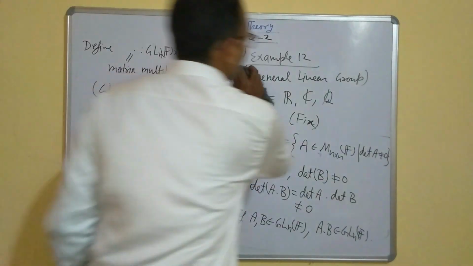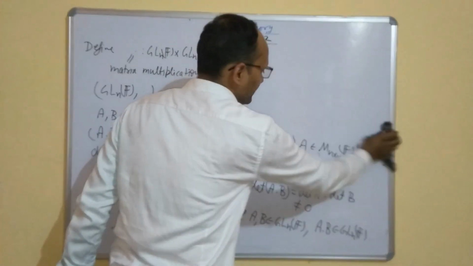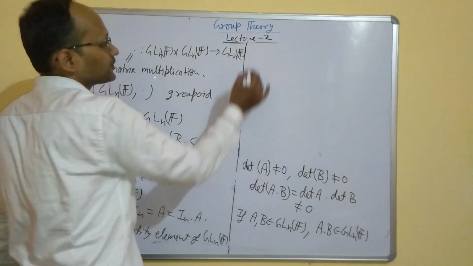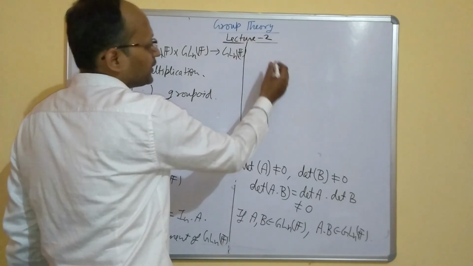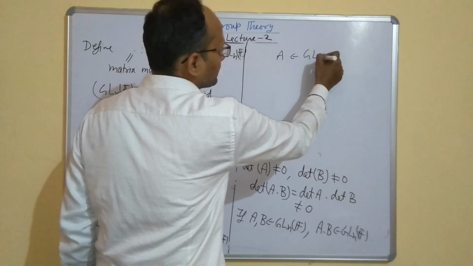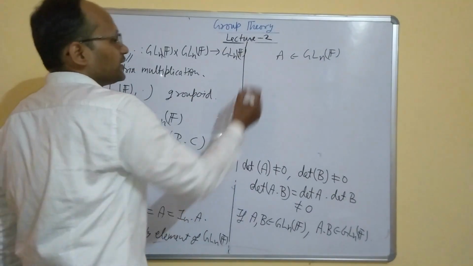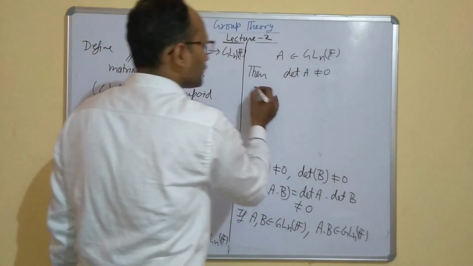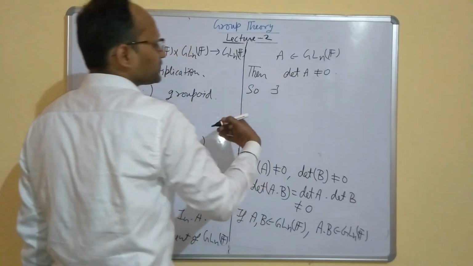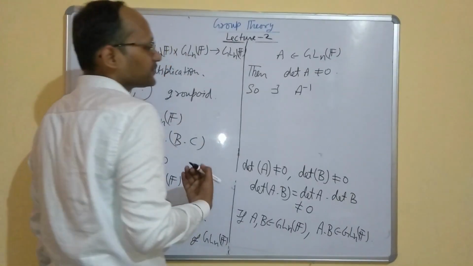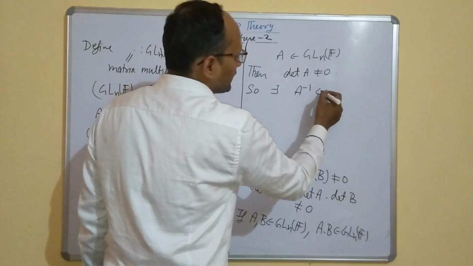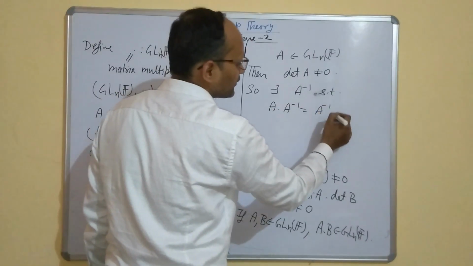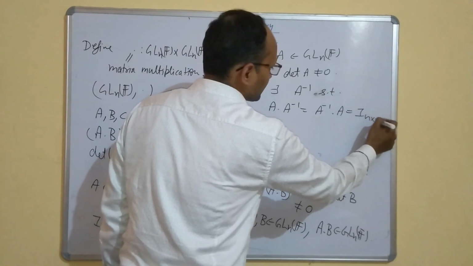One more thing which we will use is that if I take any matrix A in GL_n(F), then because the determinant of A is not equal to 0, there exists a matrix A inverse such that A into A inverse is equal to A inverse into A is equal to I_n.